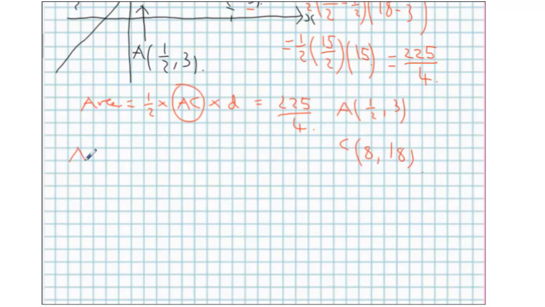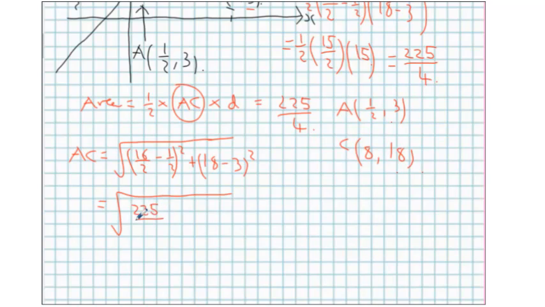So that means AC is going to be the square root of, remember it's x2 minus x1 squared, so 8 minus a half squared, well 8 could be 16 over 2, minus 1 over 2, plus, and we do the same with the y's, 18 minus 3 squared. So that would be equals the square root of 16 over 2 minus 1 over 2 is 15 over 2. 15 over 2 squared is 15 squared, 225 over 2 squared, 4.